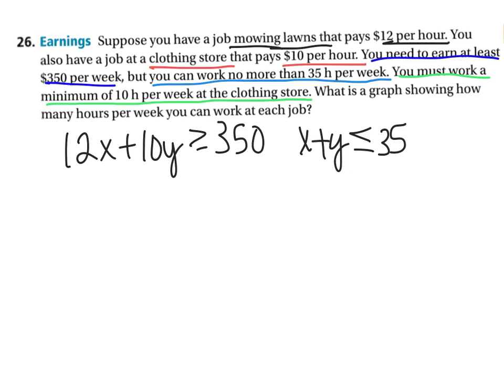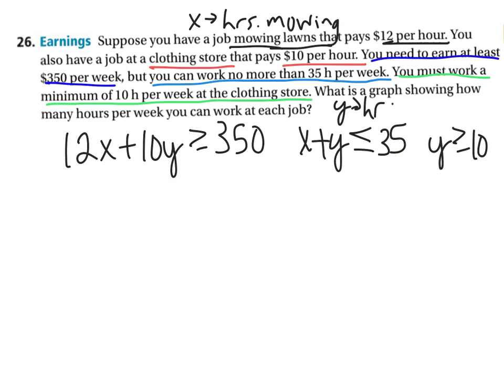And you have to work at least 10 hours a week in the clothing store. So say y is greater than or equal to 10. We should define our variables here. X would be the hours mowing, and y would be the hours working at the clothing store. Okay, we'll define them a little bit nicer than that, but you get the idea.